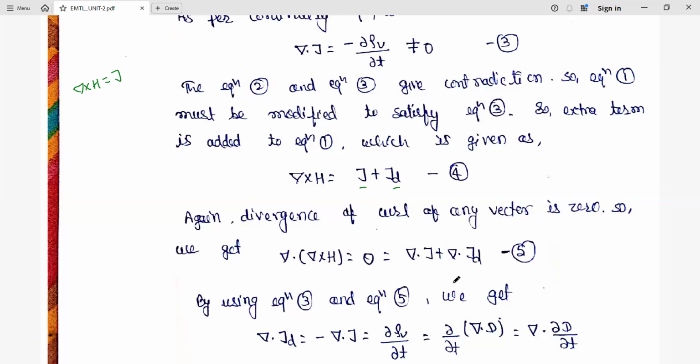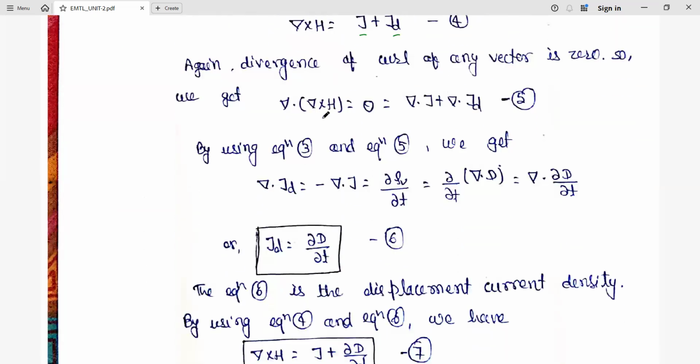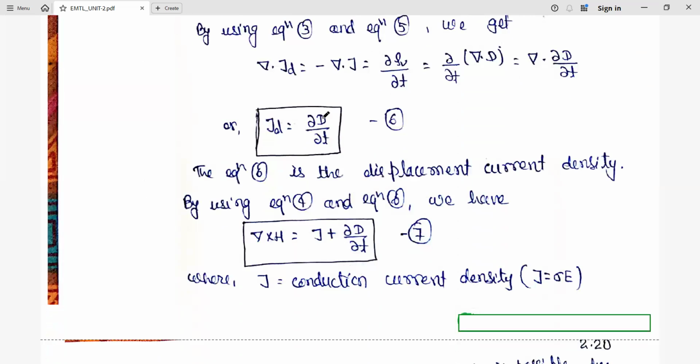Now using equations 3 and 5, since in equation 3 del dot J cannot be equal to 0, we are able to write del dot J_D equal to minus del dot J.